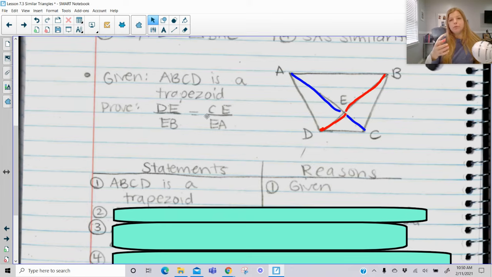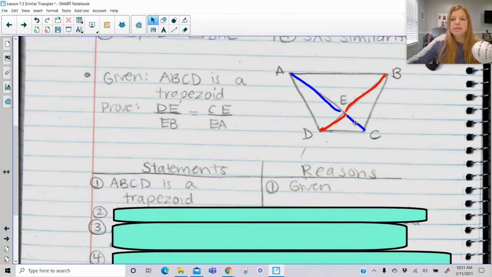When you have to prove that two values are proportional to each other, that would mean that we're trying to prove that the triangles are similar to each other first. Kind of like when we had to prove two sides of a triangle were congruent, we had to prove that the two triangles were congruent, and then by CPCTC, we were able to say that the two sides were congruent, or two angles. So let's see where we can get started here, and also noticing what these are connected to.